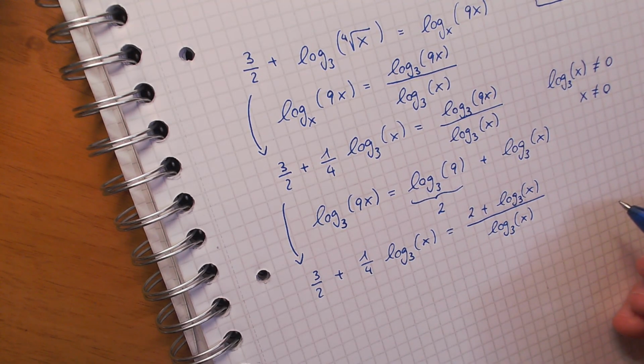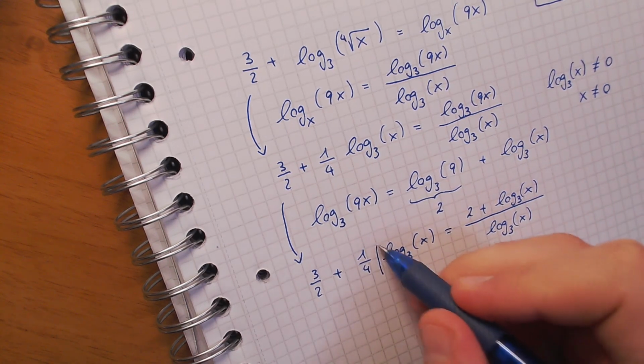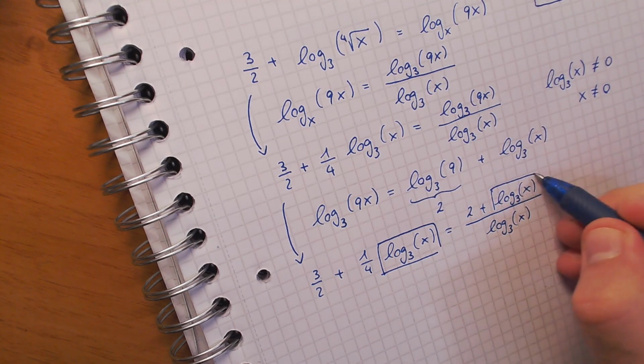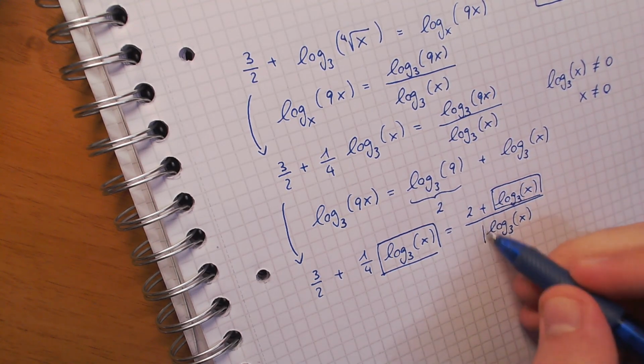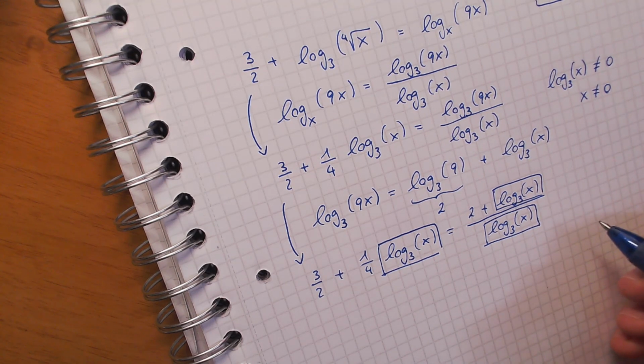Okay, so why are we doing these calculations? We are doing so because here we can notice that we always have the same term. So now we can consider a substitution.